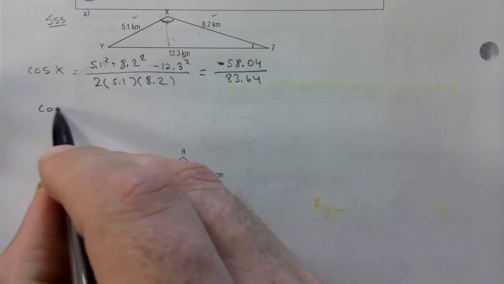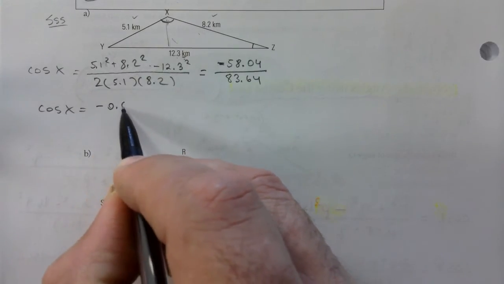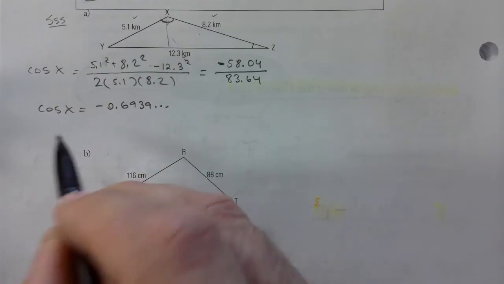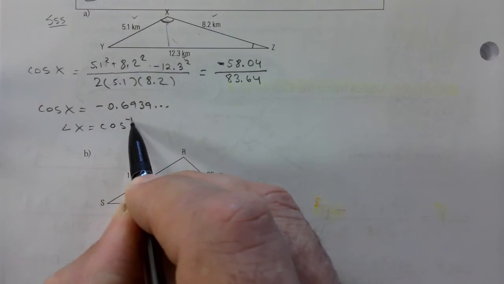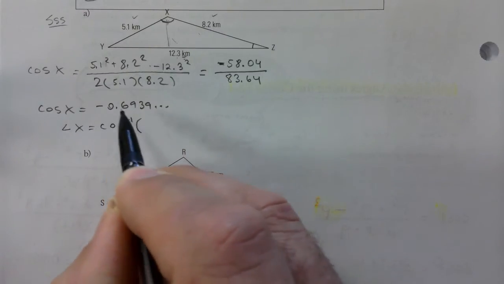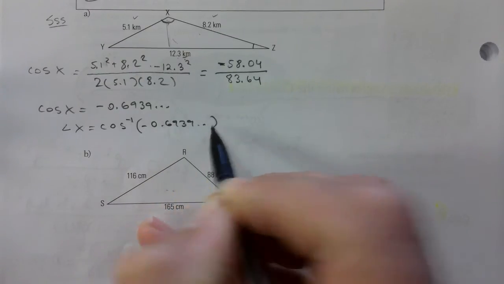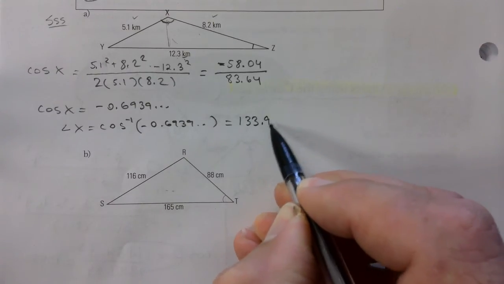So that gives me this. Cosine of x is going to be negative 0.6939, and that keeps going. If you want angle x, you got to take the inverse of that negative value, right? And that gives you 133.94.